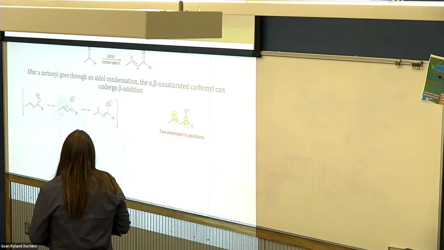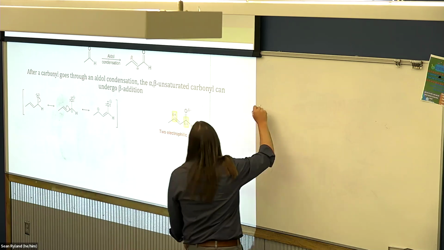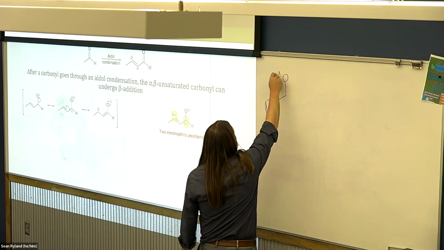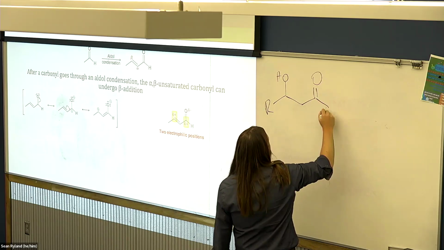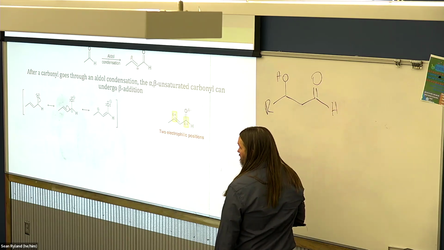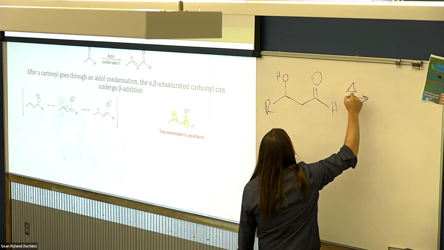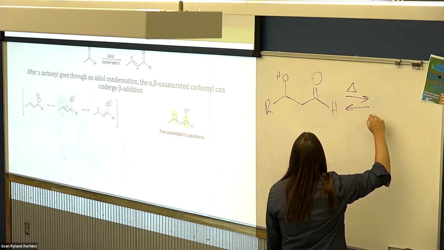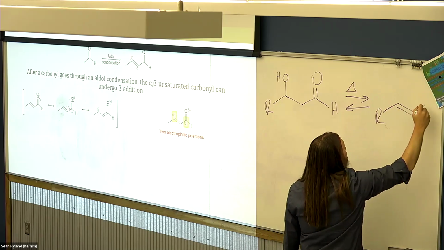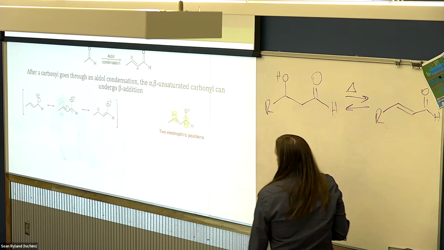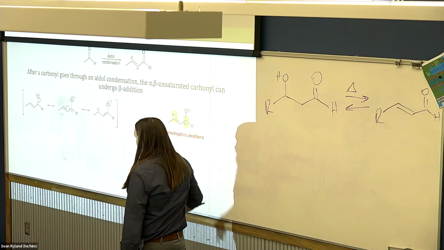If we do an aldol condensation and wind up with something that looks like this, for instance, and we heat that, we can get it to go through an elimination reaction to make the alpha beta unsaturated carbonyl.